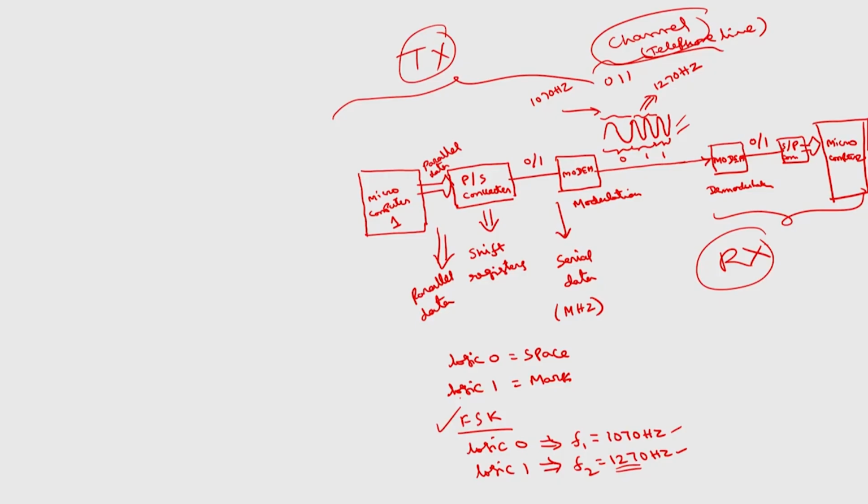Normally for low speed applications we will use FSK. We can also use other techniques such as PSK, phase shift keying. Normally for high speed applications we will use PSK.